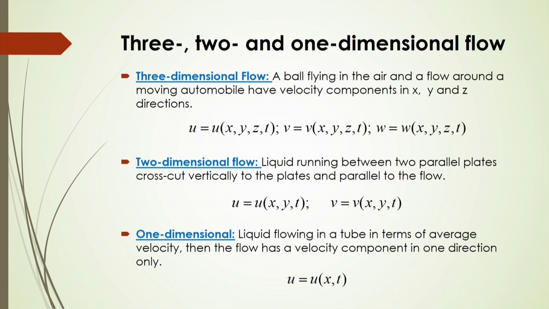So, u will be a function of only x and t, that is the time here, or v will be a function of y and t, or w will be a function of only z and t. So, in this way you can represent 1 dimensional, 2 dimensional and 3 dimensional flow.